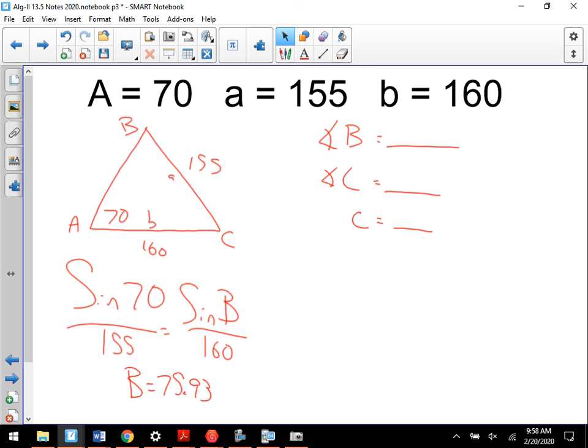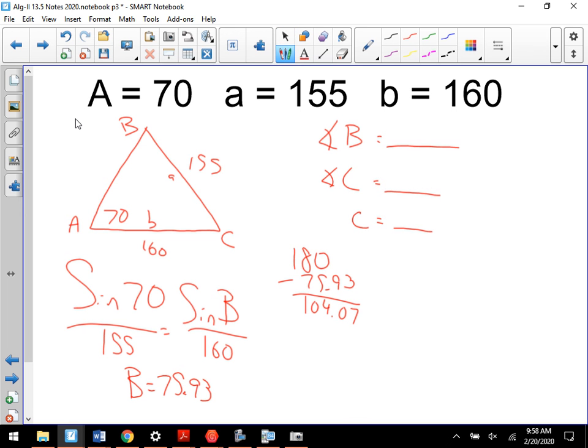From that, I'm just going to check and find its supplement. 180 minus 75.93 gives us 104.07. We'll call this B prime just in case.